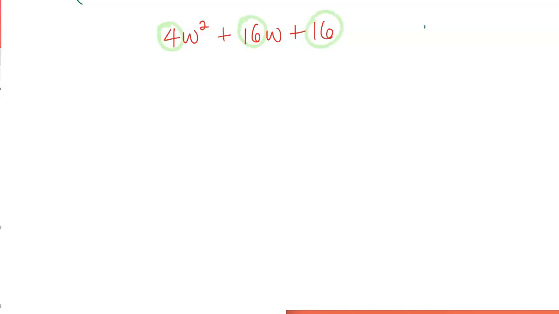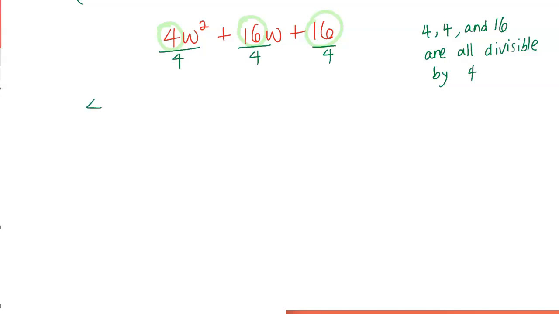We notice that 4, 16, and 16 are all divisible by 4. If that's possible, we're going to divide all of these by 4 and have 4 outside, and then write down what we have left after dividing.